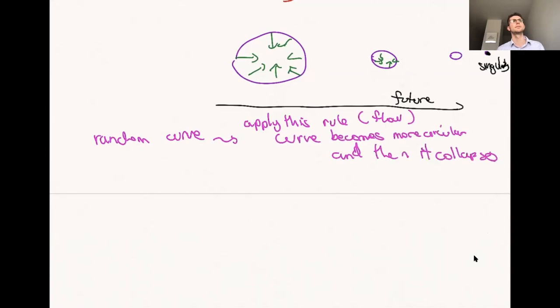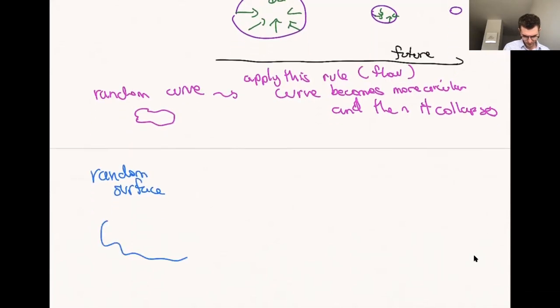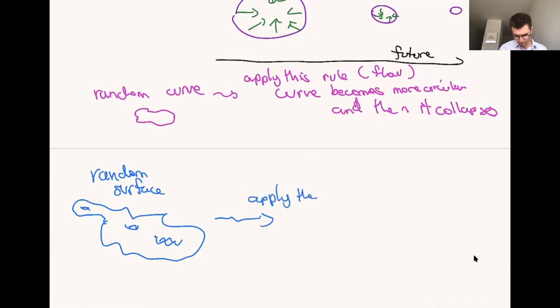And something similar is happening if you had started with a random surface. So here's a random curve. If you had started with a random surface, as you applied the rule, well, in this case, the way I'm drawing it has three holes.